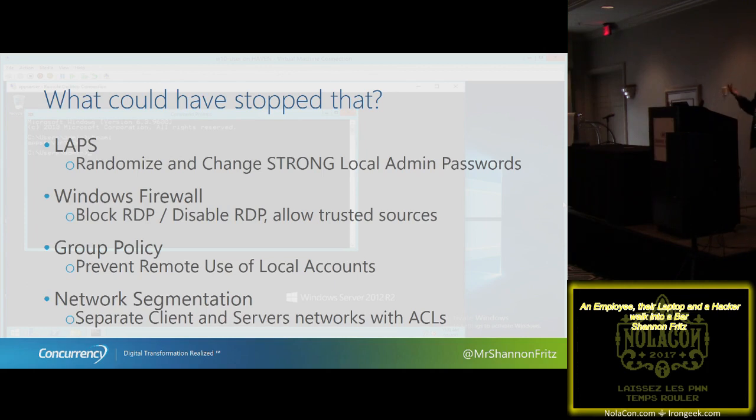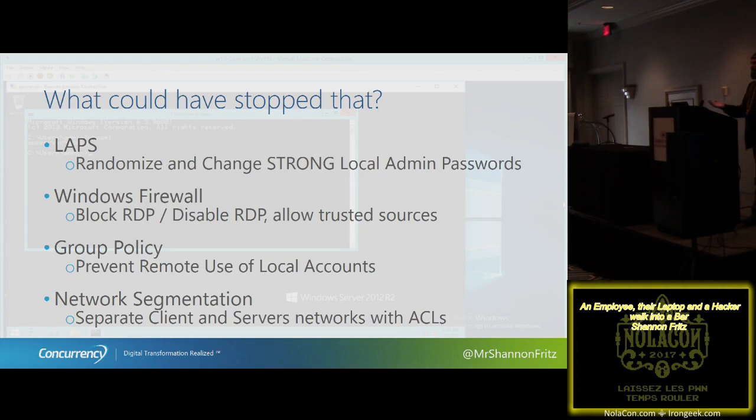But one of the things we can do with group policy is we can limit the source IPs, right? So we can use jump boxes just with group policy. If we don't have the ability to physically segment our networks, which honestly is what should be done, you can start at the very least by saying the only way you can RDP is you come from this IP. So that everybody has to go to one box where more monitoring and tools can be put in place for controlling access.